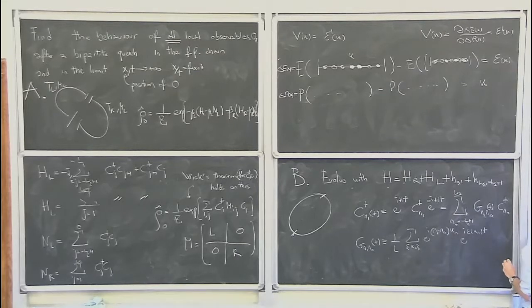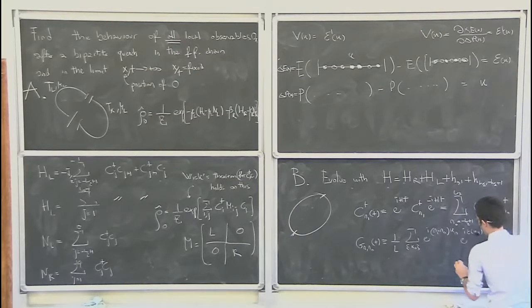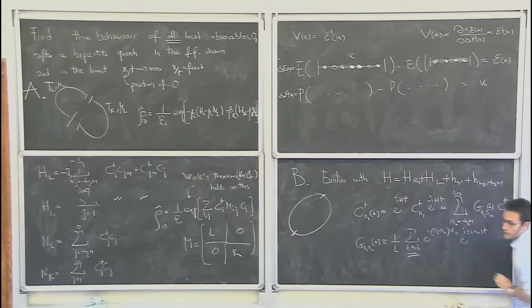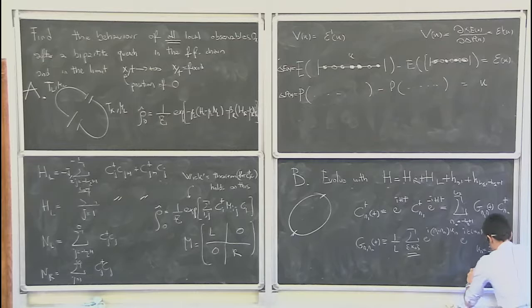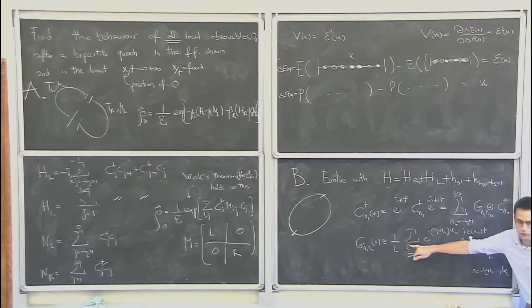Okay. So you remember what this notation means, right? It's the sum over these quantized momenta. So k_n is 2 pi n over L, and n goes from minus L over 2 plus 1 to L over 2. So this is the sum over all the possible values of these quantized momenta.